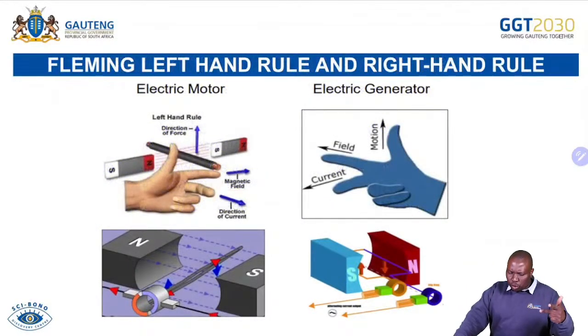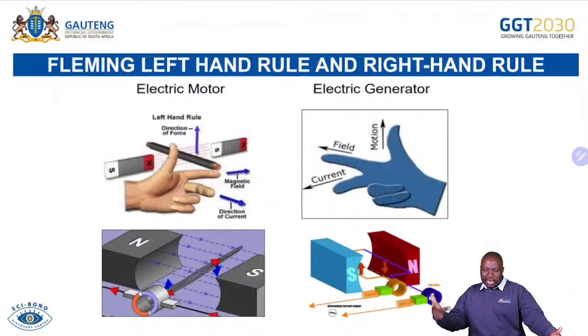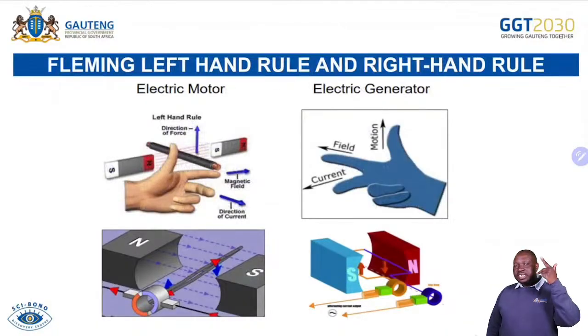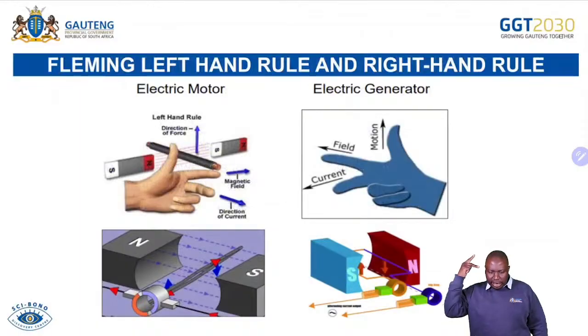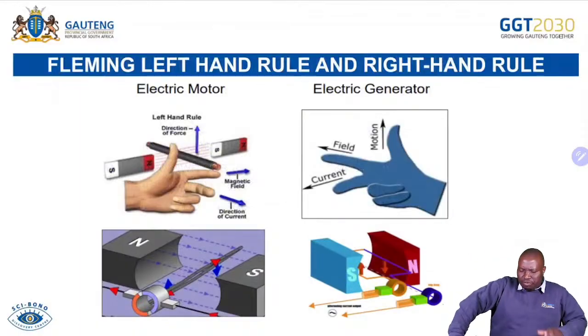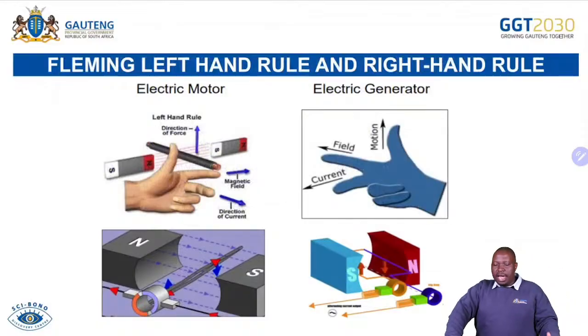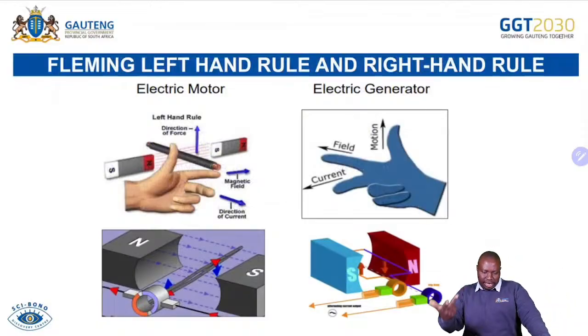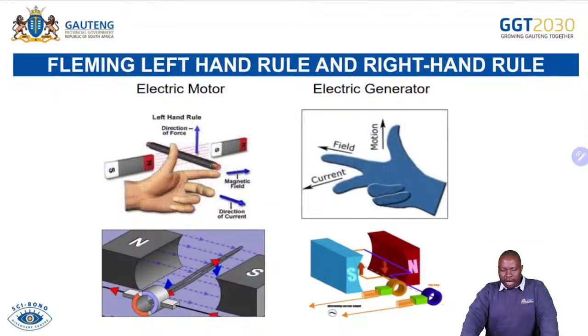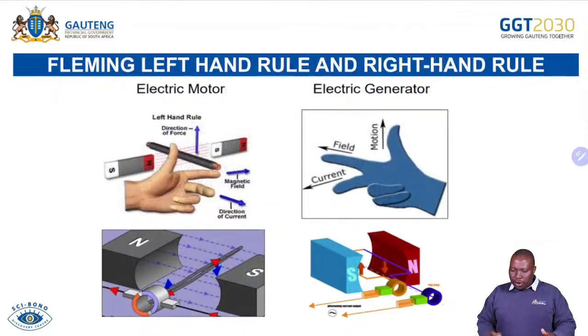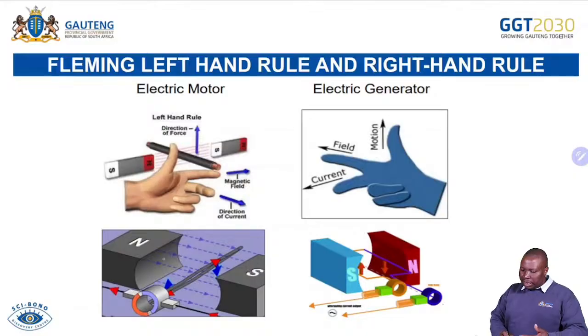Fleming's left hand rule and right hand rule. So we have the left hand rule for the electric motor, and the right hand rule for the electric generator. So always know that for motors we use the left hand rule, and for the generator we use the right hand rule. And you are able now to see and appreciate that when we have a current moving in that direction, we have the magnetic field always moving from north to south.